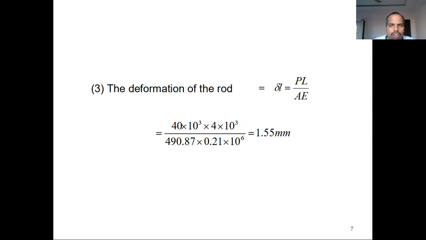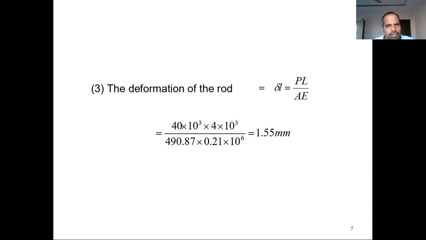We know the stress definition: stress is equal to P by A, strain is equal to delta L by L, and Young's modulus is equal to stress by strain. Only these three formulas we are rearranging in different ways to calculate the unknowns. One, stress is equal to load by area.